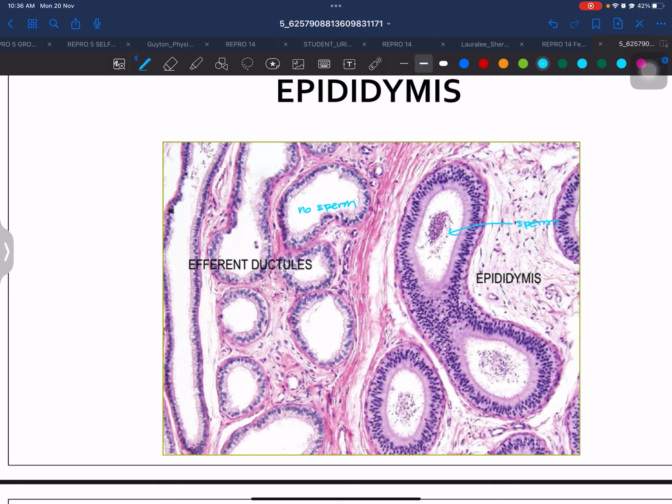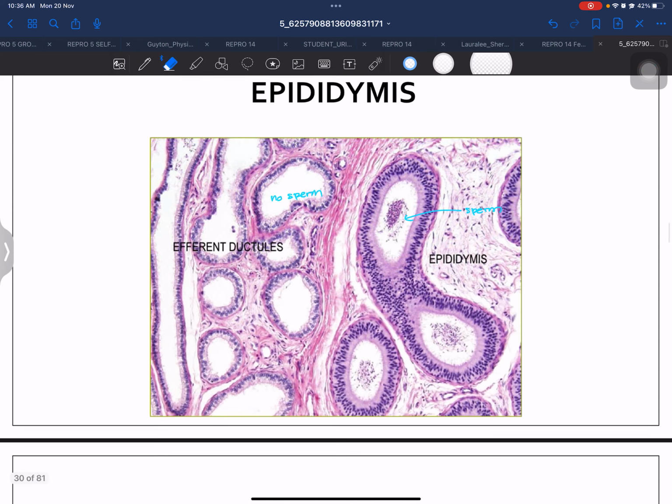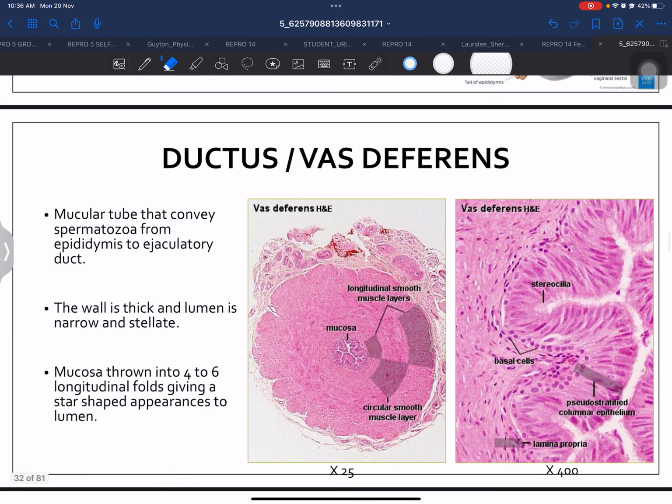To identify, these are some structures. The epididymis has sperm. Now the ductus deferens, or vas deferens, is the tract that will propel and ejaculate the sperm to the urethra.